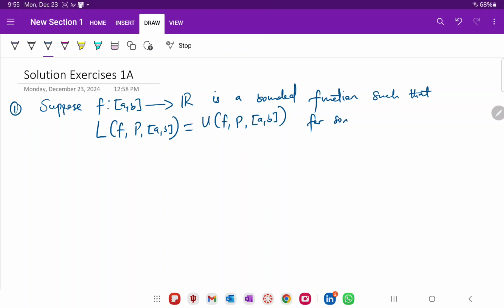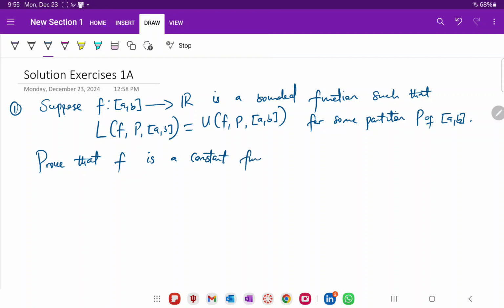So we have, for some partition P of [a, b], we have to prove that f is a constant function on the entire interval [a, b].